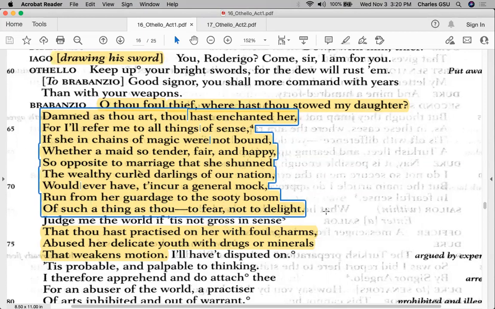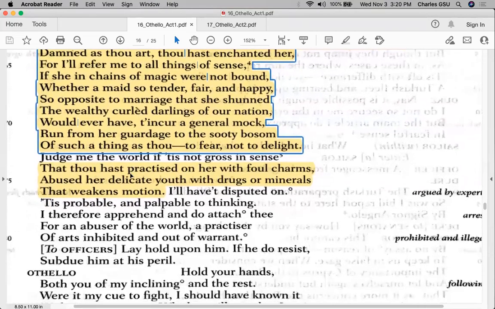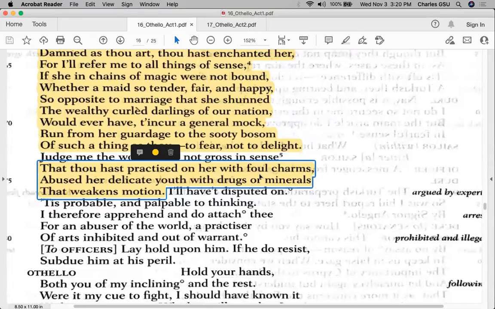In long roundabout terms, there's nothing that could have made her run to you, a black man, except that she were in chains of magic, right? And he goes on to say, "thou hast practiced on her with foul charms, abused her delicate youth with drugs or minerals that weakens motion."